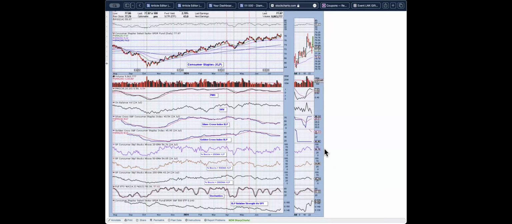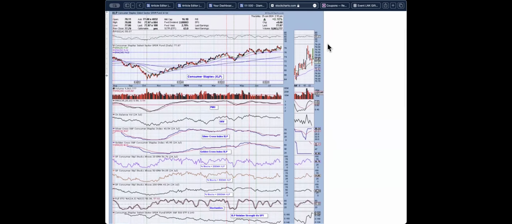This is an area that I've been paying attention to as a possible place for rotation as people move out of those mega caps. But we're losing some participation in growth, but we haven't lost enough of it yet. So we're not getting that action here in the defensive consumer staples group at this point.